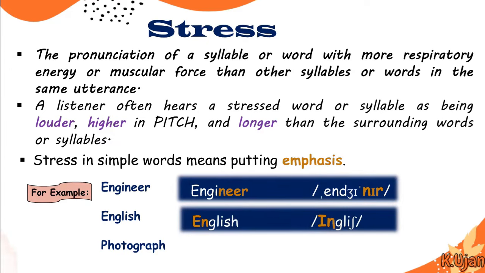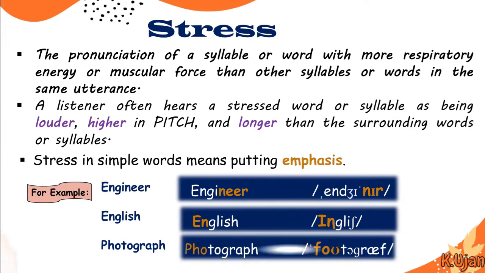Here is another word, English. So we are putting stress on the first part of the word, that is known as stress in. Here is another word, photograph, photograph. So we are putting stress on the first part of the word, for.